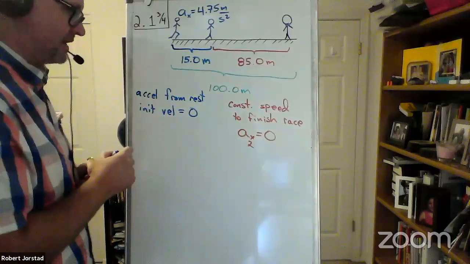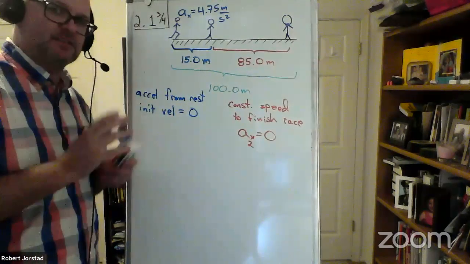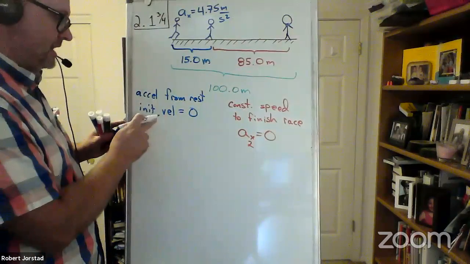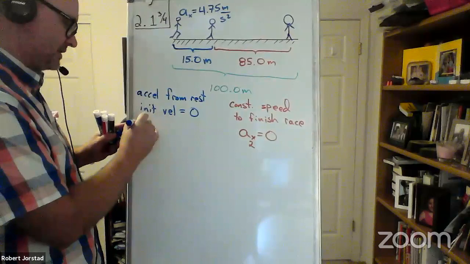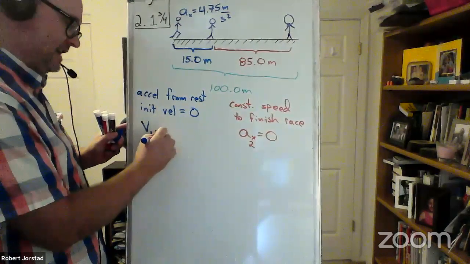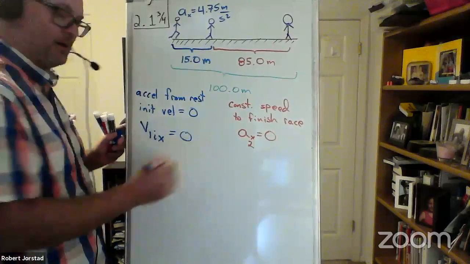Now, you're going to notice we have a lot of subscripts in this problem. For example, it says the initial velocity is 0. So I'm going to say the velocity for stage 1 initially in the x direction equals 0.